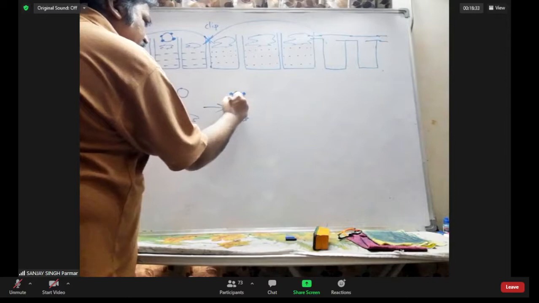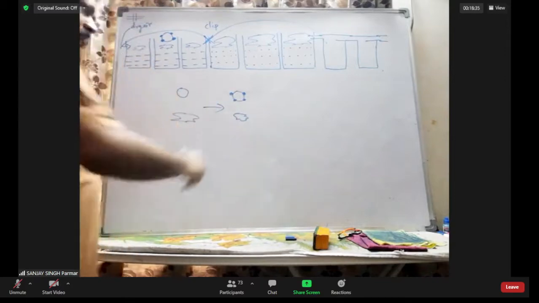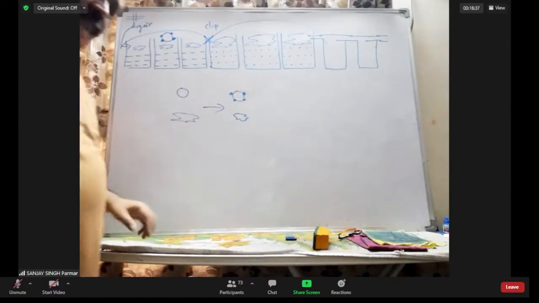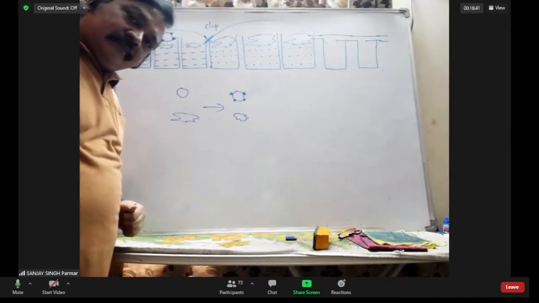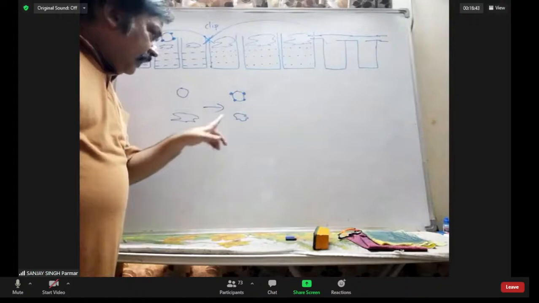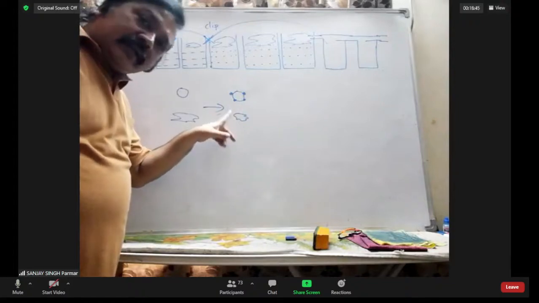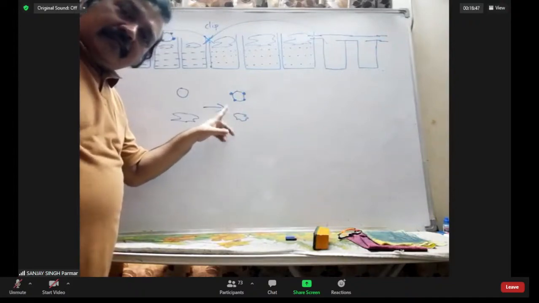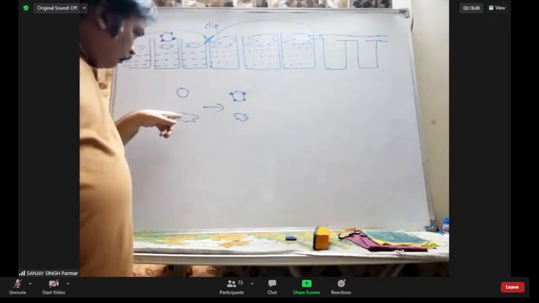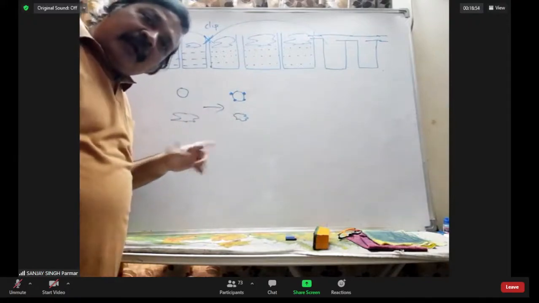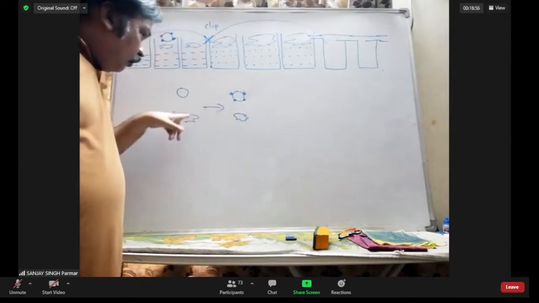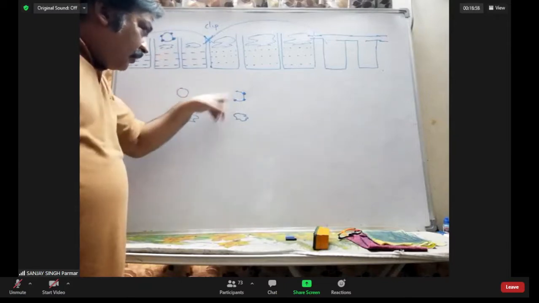Tell me, are this condition and this condition the same or different? Different. What is the difference? The second one has lesser water vapor, because some of the water vapor is taken by the dry air.